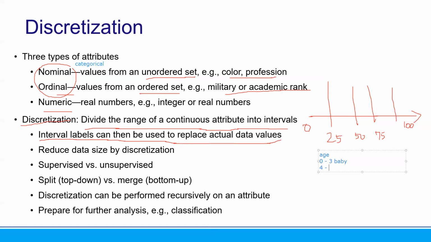From 4 until maybe 12, we call it children. From 13 until maybe 18, we call it teenager. From 19 until 30, we call it youth. Maybe from 31 until 60, we call it adult. So something like this, we put the label. What is the label?